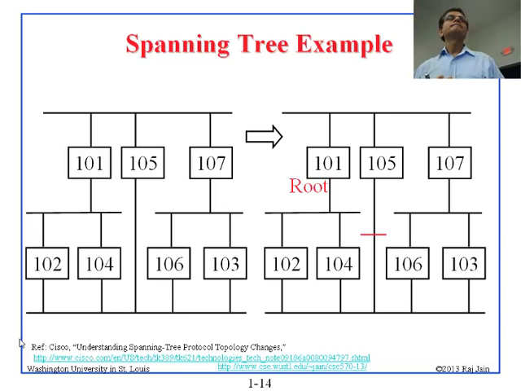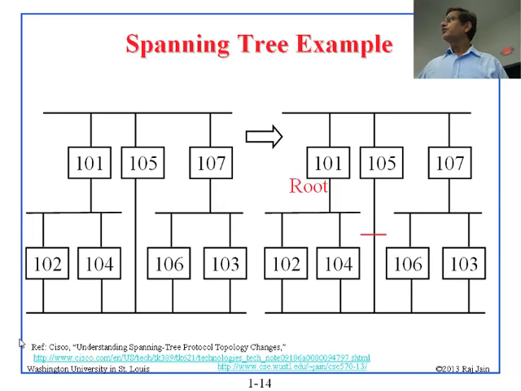For the switch 106, how does he know that he will block the link below it but not the link up? Or do they just exchange the control traffic? So this one will say, I have a short path to the root. The root is 101 and you can reach it through me at cost 1. And this one will say, I have a root 101 and you can reach it through me at cost 1.